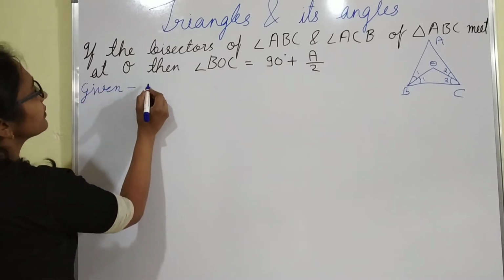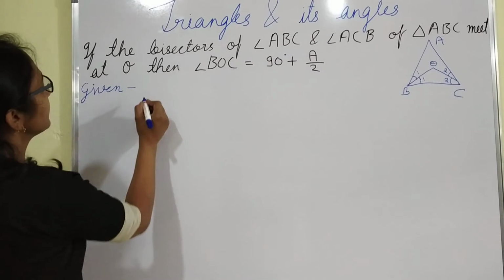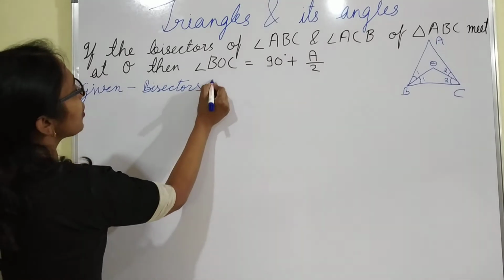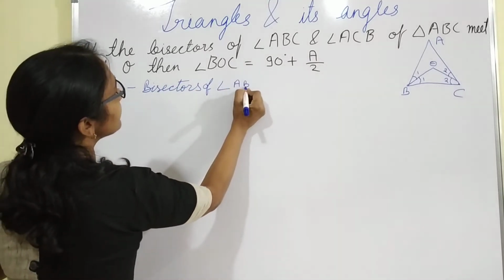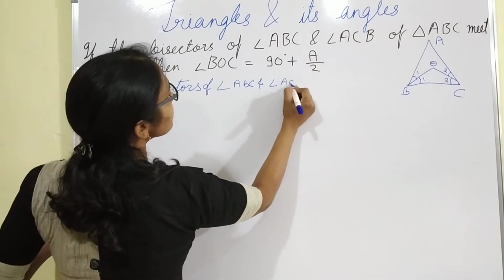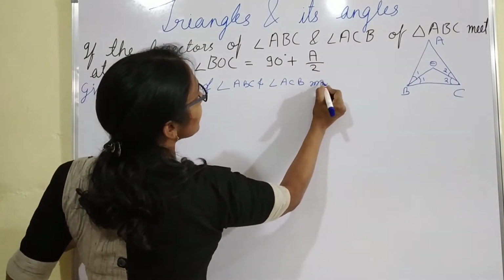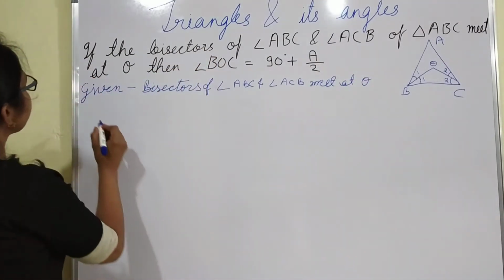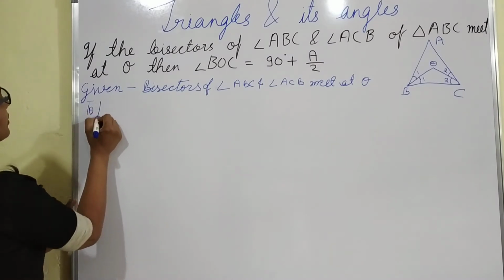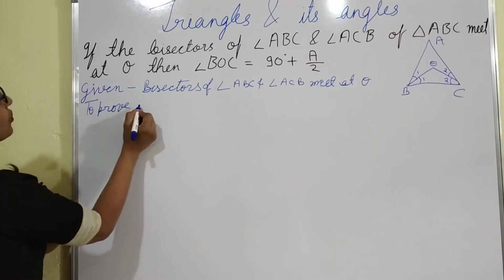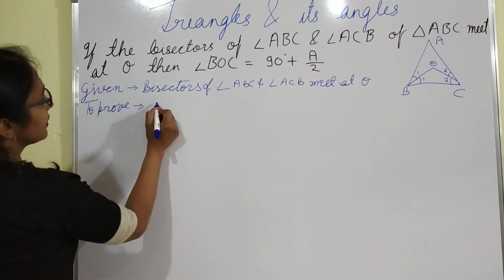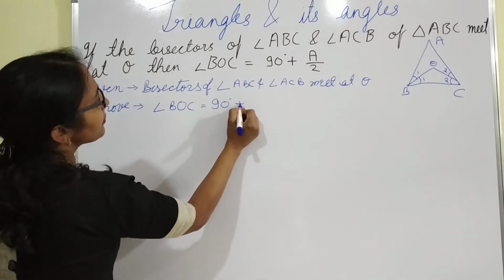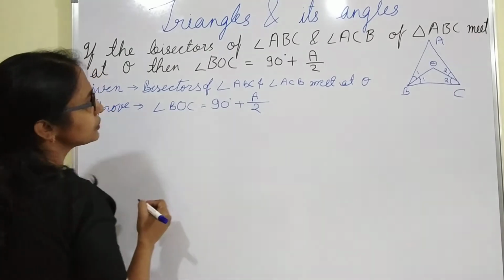Given: bisectors of angle ABC and angle ACB meet at O. Okay. Now to prove, we have to prove angle BOC equals to 90 degree plus A upon 2.